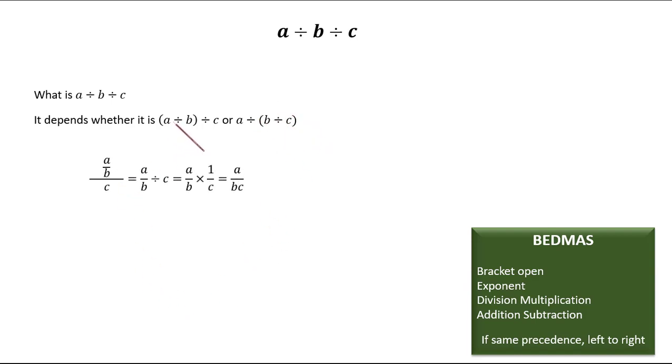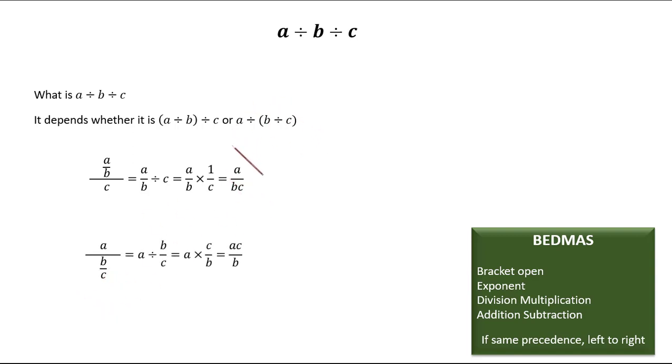The first can be written like this: A divided by B, the whole upon C, which is A divided by B, and then we make this division multiplication. Assuming there is a 1 in the denominator, 1 goes above, C comes down. A multiplied by 1 is A, B multiplied by C is BC. So it is A the whole upon B into C.